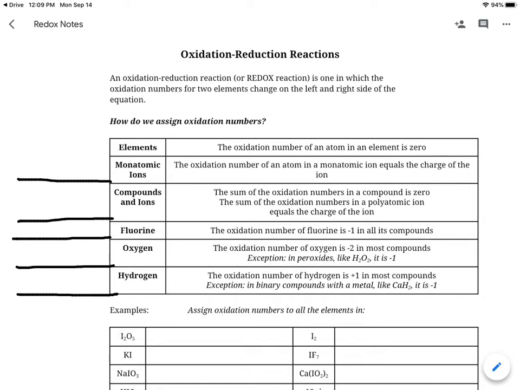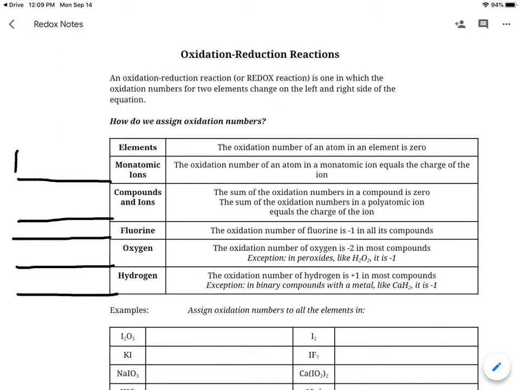So in order to better understand that definition, we're going to need to know what oxidation numbers are. So in the chart, you can see a list of rules that we apply in this order to assign oxidation numbers. The first rule is, if it's a monatomic ion, the oxidation number is going to be equal to the charge of the ion.